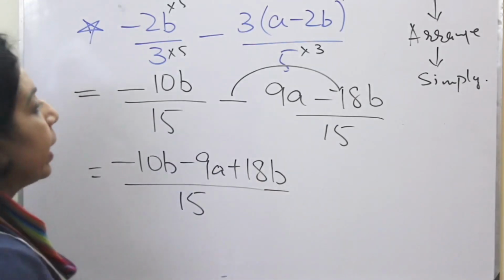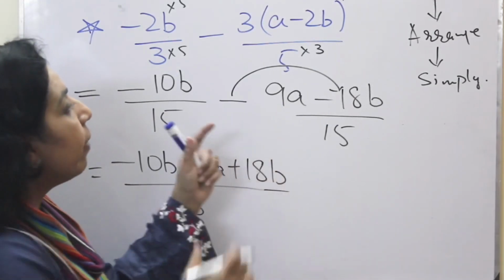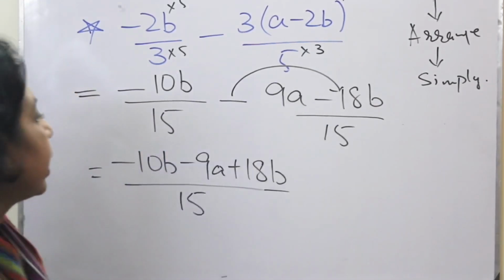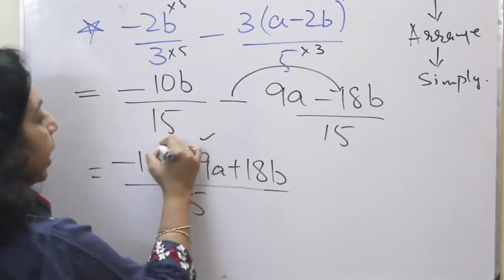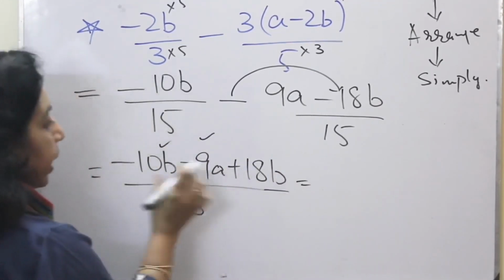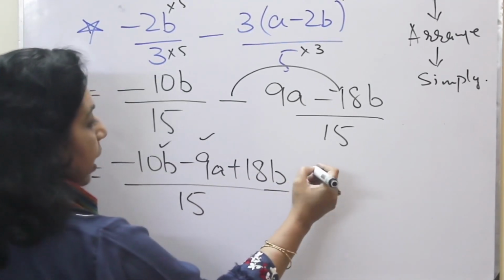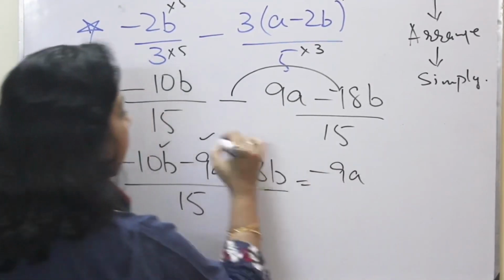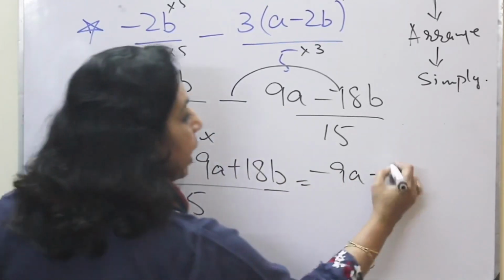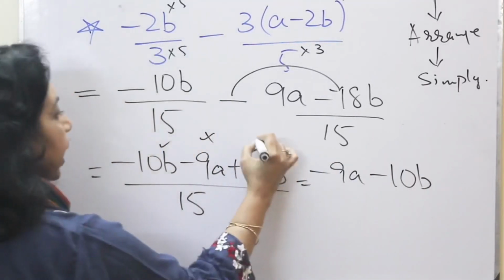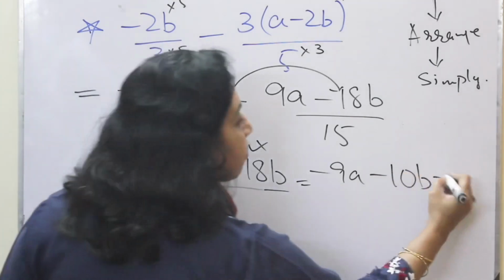This is very important to change the sign. It's like a bracket. The fraction is like a bracket. When you shall open it, the negative sign will change the inner signs. It is already arranged. 9a, no, it is not arranged. We have to arrange it, so we shall first take minus 9a, then we shall take minus 10b, and then we shall take this 18b. This is positive.